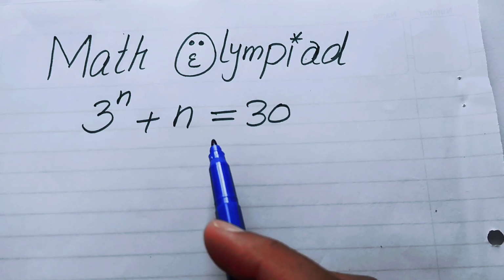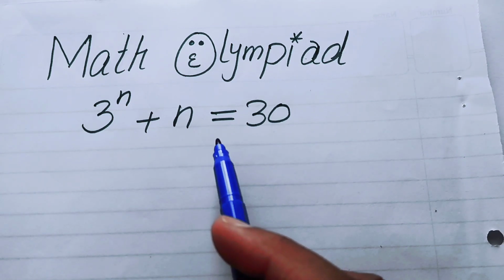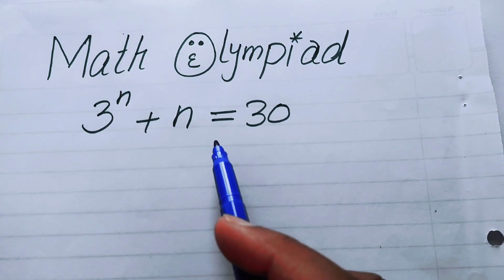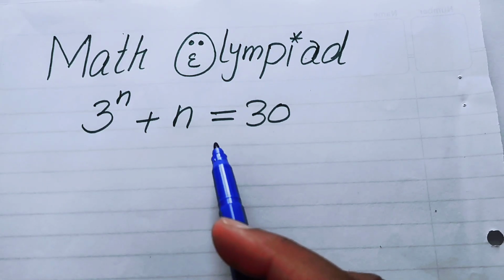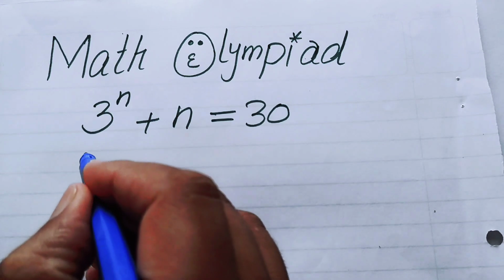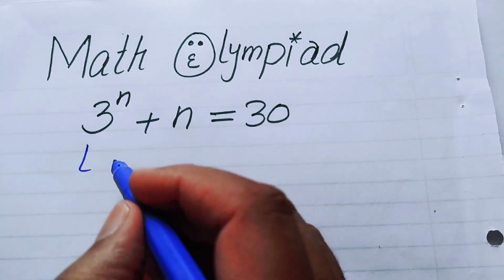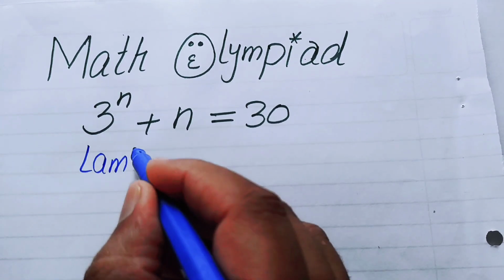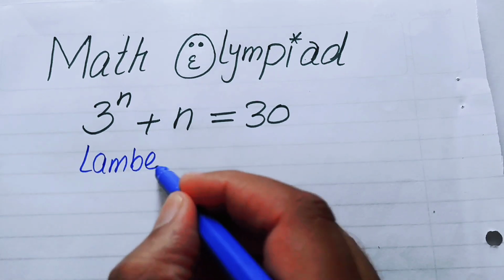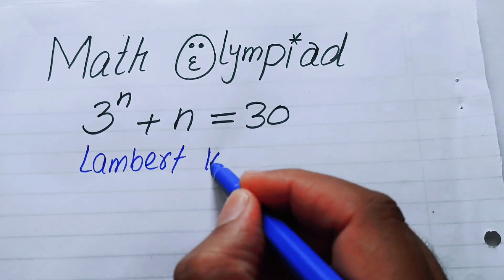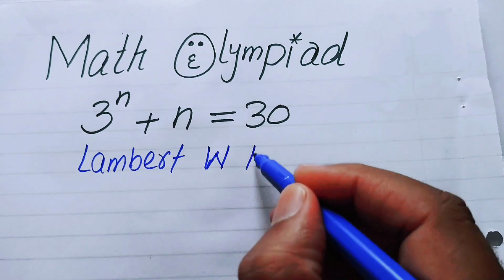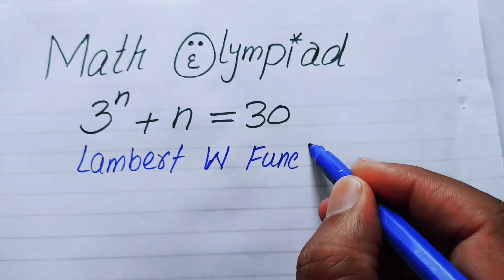So the very first thing we are going to do is introduce a little bit of the Lambert W function. I can solve this problem by using this function, which is known as the Lambert W function.